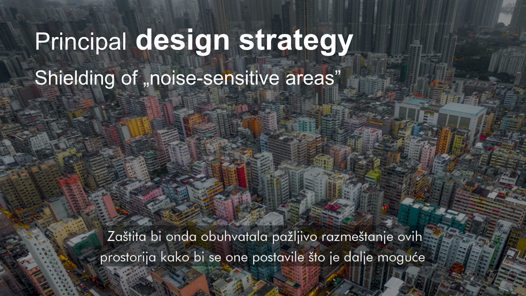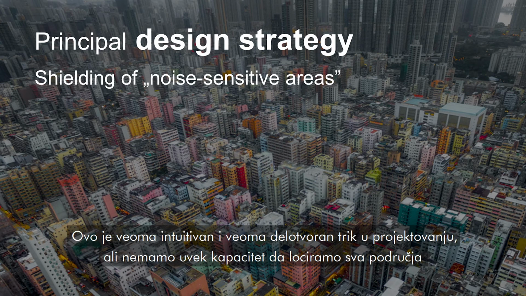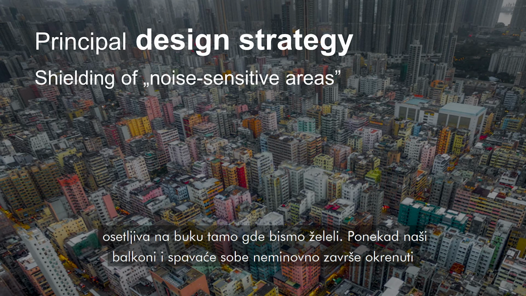So shielding would then imply a careful arrangement of these areas, so not to locate them close to main roads or to neighbors' air conditioning units, or basically away from any similar noisy hotspot which might be problematic for our facade. And this is something very intuitive and very effective as a design trick, but we don't always have the commodity to locate all the noise-sensitive areas where we would want to.